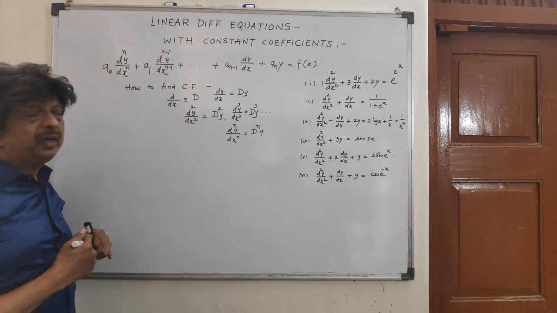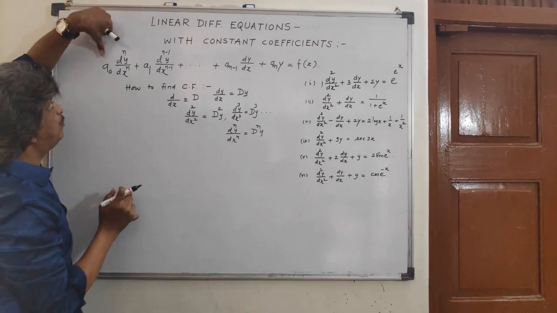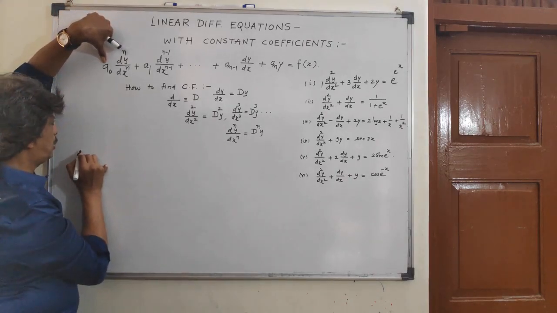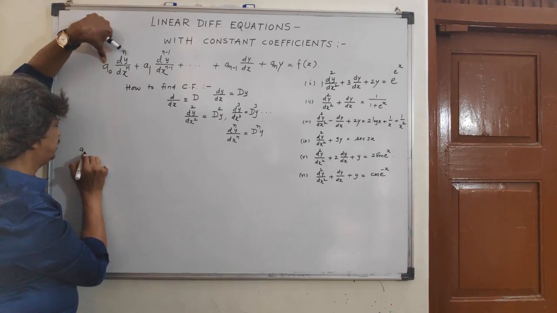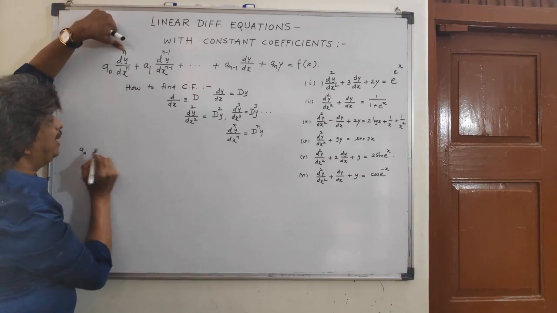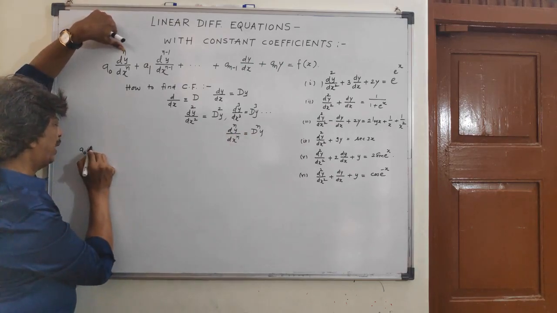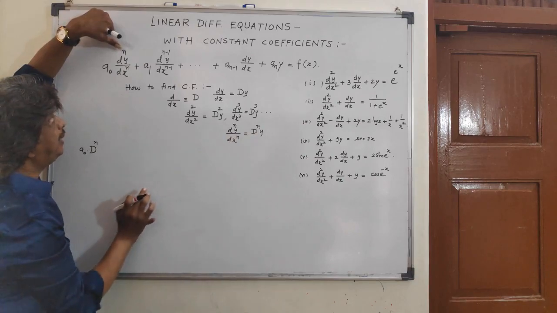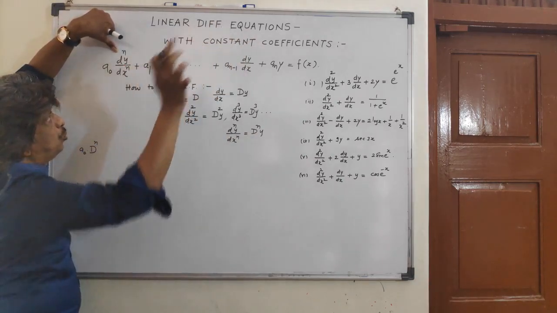Now let us make all such substitutions in the nth order linear differential equation. Here I am putting a0 as the first, leading coefficient. Now d^n y by dx^n, as I told you, is D^n into y. I am not writing y here, only D^n, because y is common throughout.